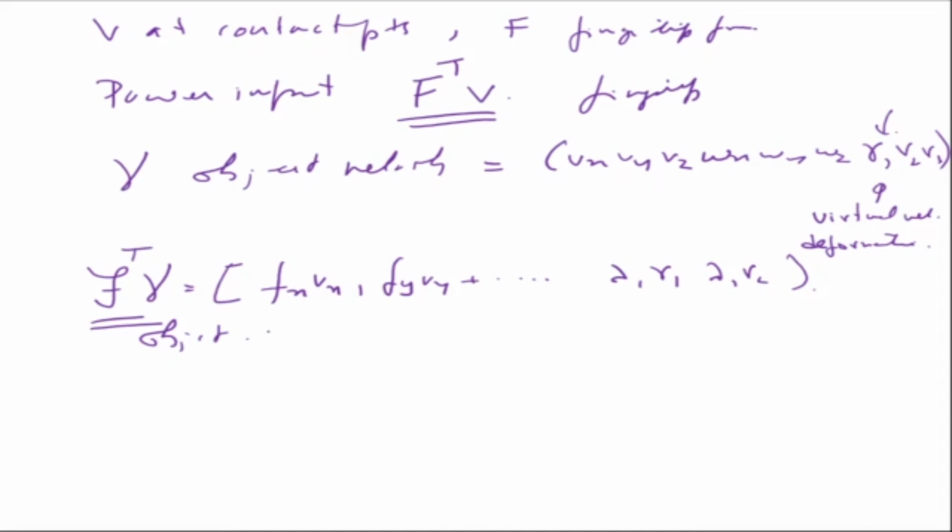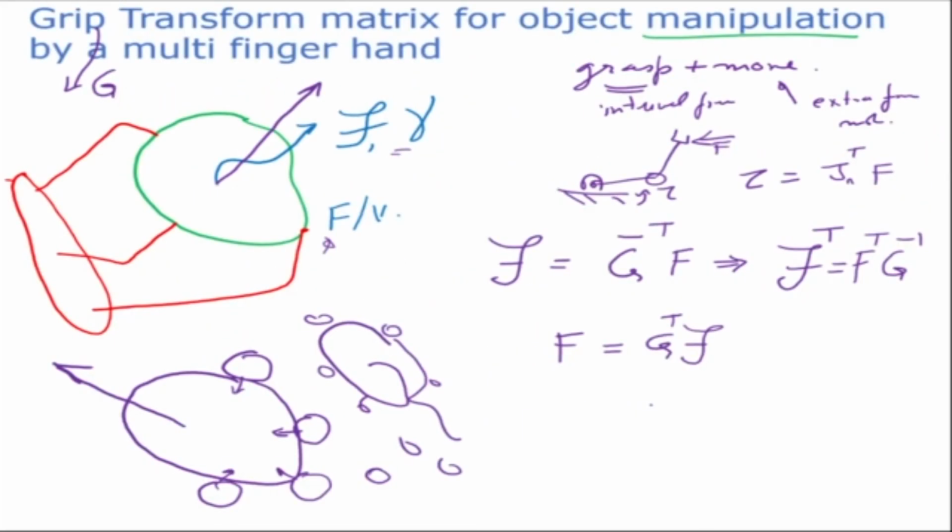Whatever power you're giving from the fingertip has to be conserved onto the object. So if I equate these two, then f transpose V is equal to F transpose into gamma, and we have seen that F transpose is equal to f transpose G inverse from here.